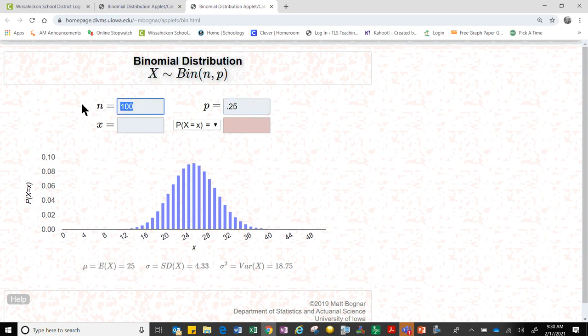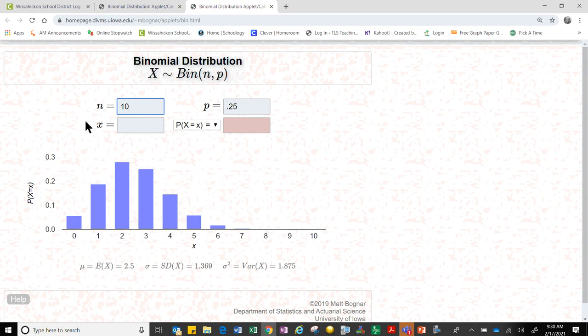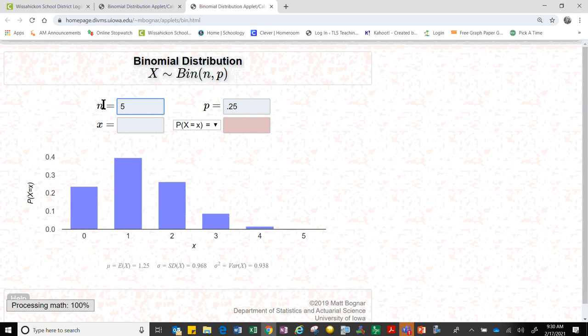Let me make N a little bit smaller. Instead of going crazy and having 100 kids, let me have like 10 kids. Well, when N is 10 and P is 0.25, I'm kind of going back to being right skewed a little bit, but it's not quite as right skewed as it was when N was just 5, right?